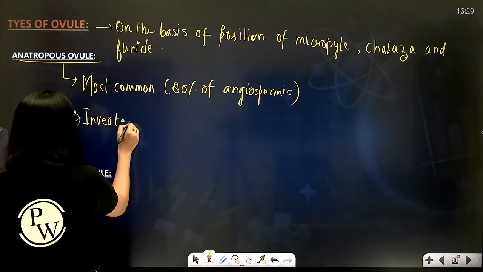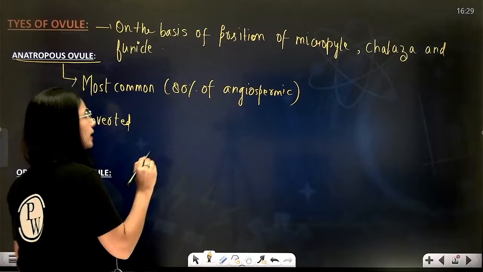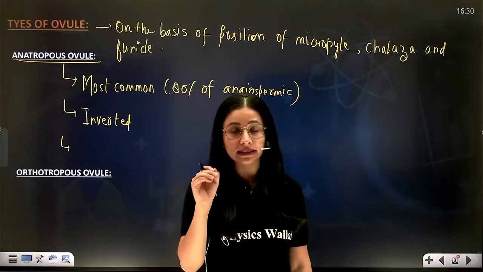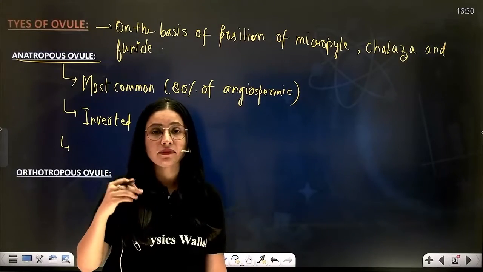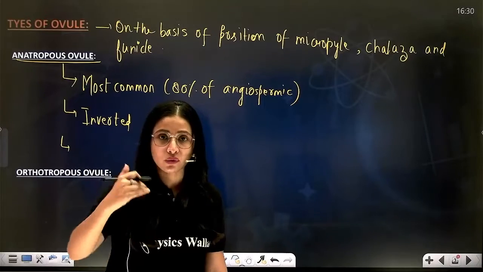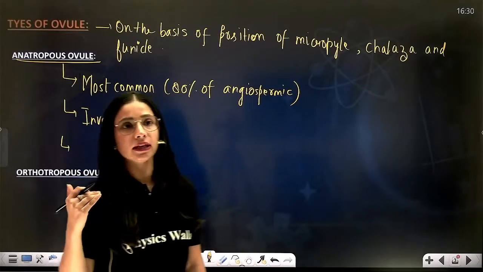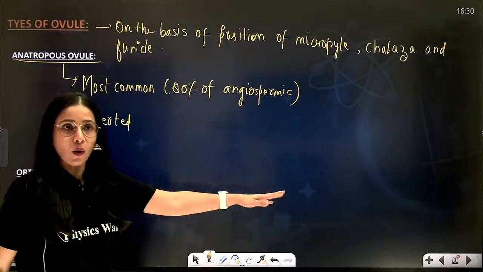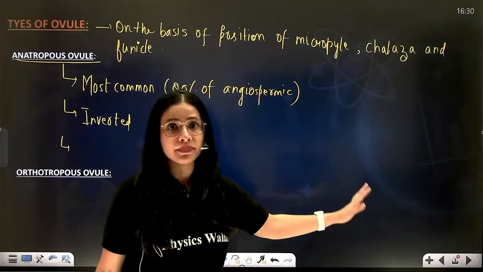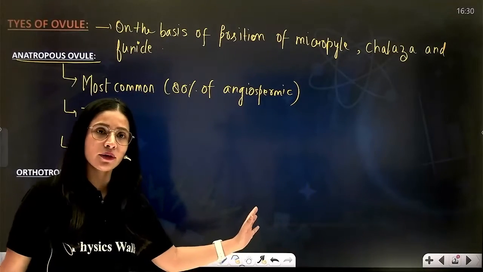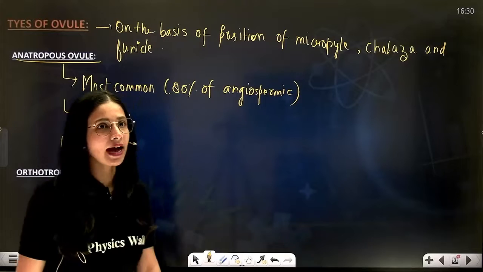Why? Because the distance between micropyle and funicle is least, and chalaza, which is actually the base of the ovule, seems to come at the top. I'll show it also with the help of the diagram, but before that, let me write the theory and then I'll draw the diagram.